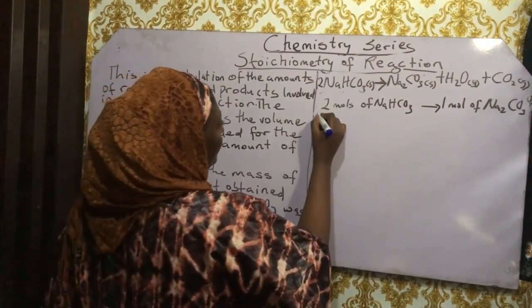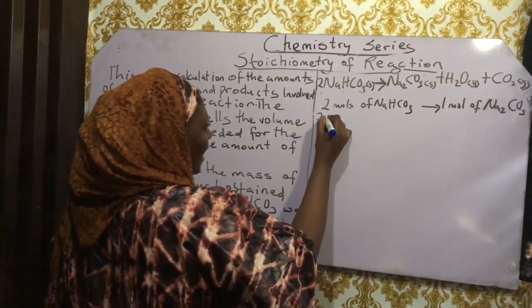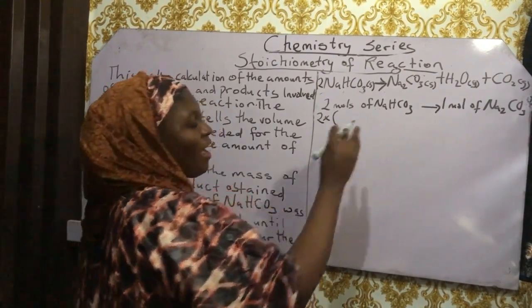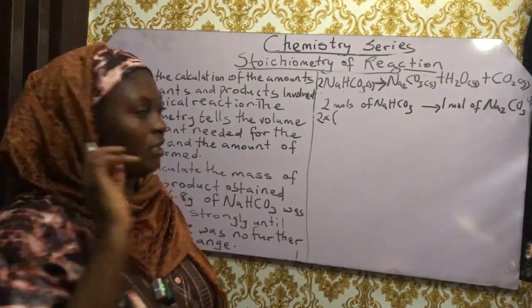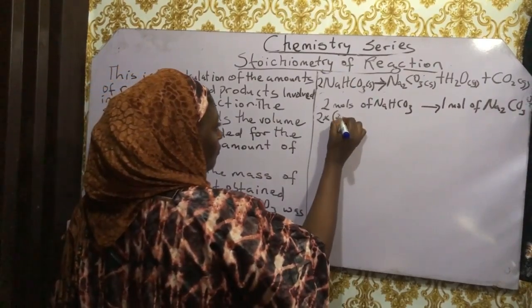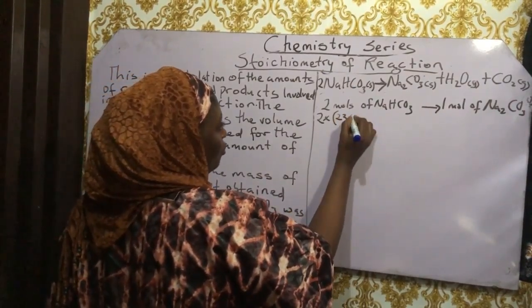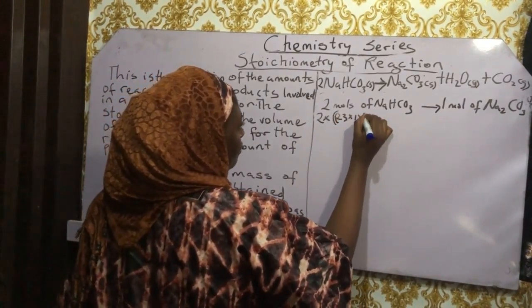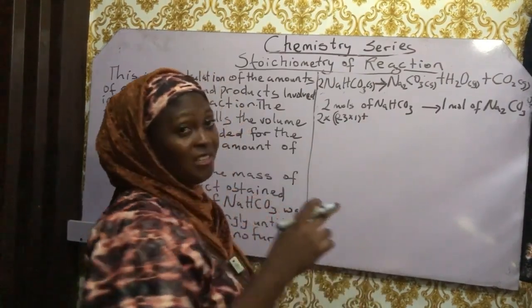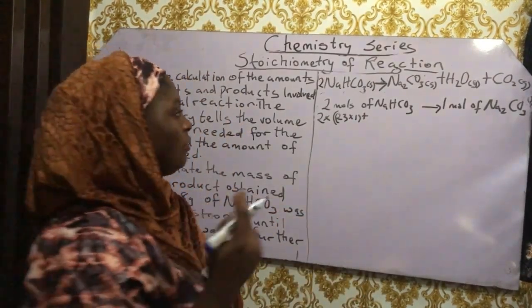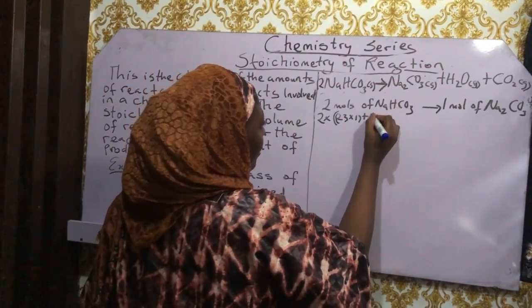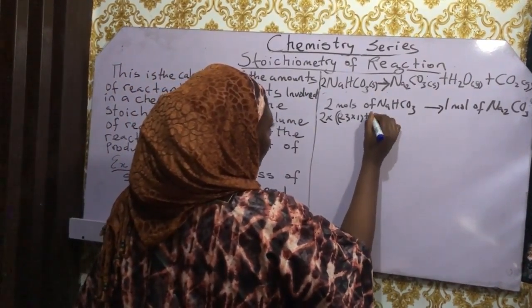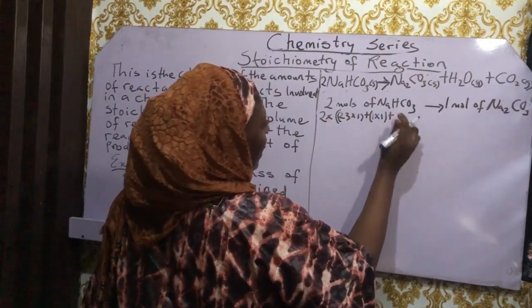So now it'll be 2 times: sodium has a relative atomic mass of 23, and we have just 1 atom of sodium, so 23 times 1, plus hydrogen has a relative atomic mass of 1, and we have 1 atom of hydrogen, 1 times 1, plus carbon.